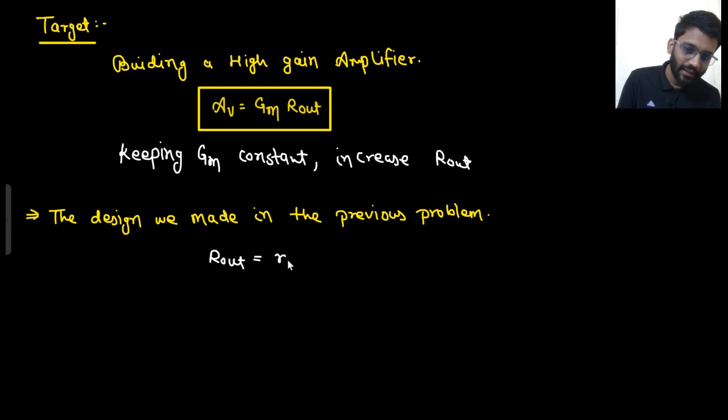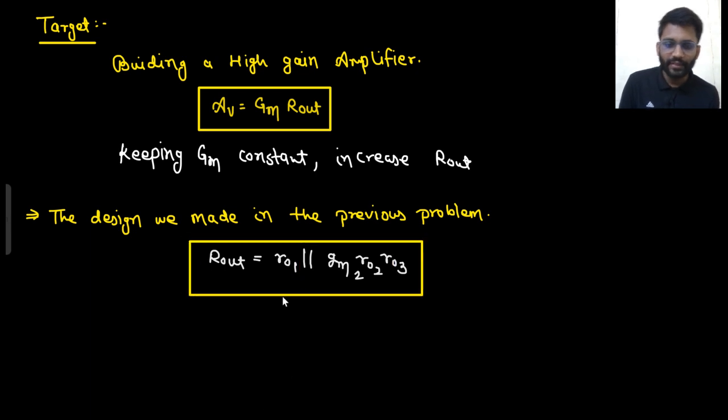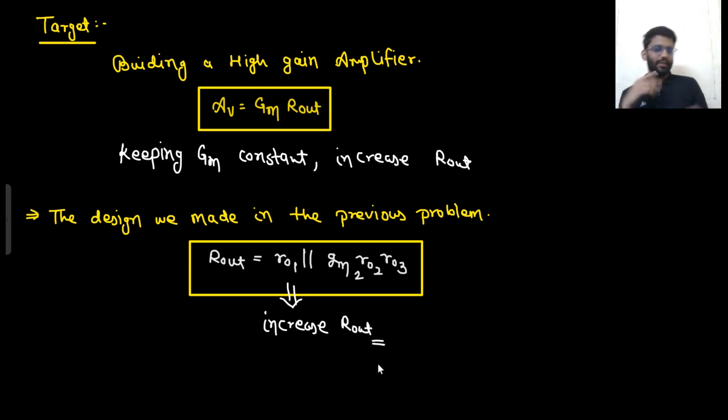That is R01 parallel with GM2 R02 R03. So this is the R out. You need to increase this R out. So keeping the GM constant, I need to increase the output impedance.